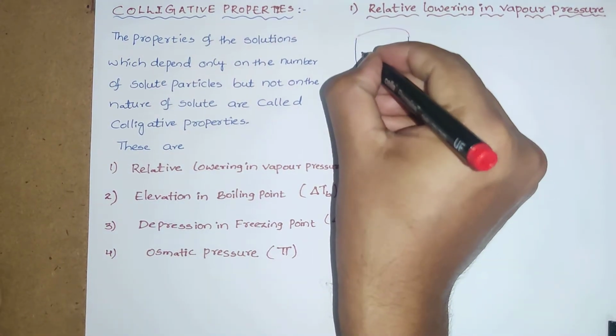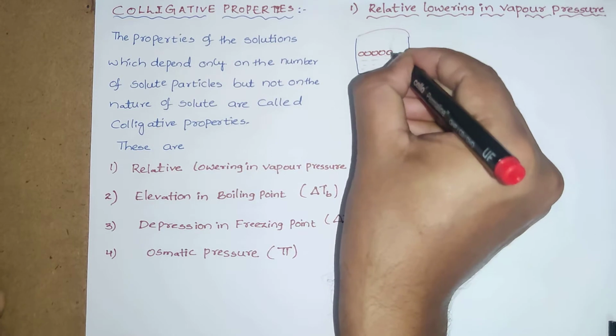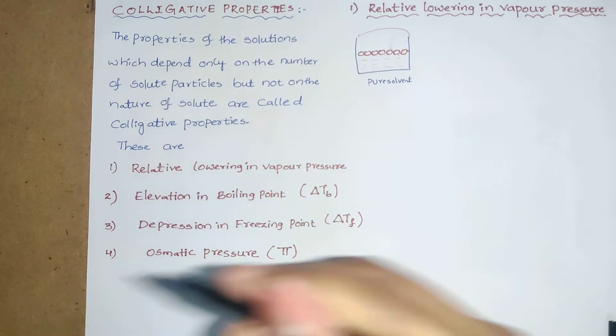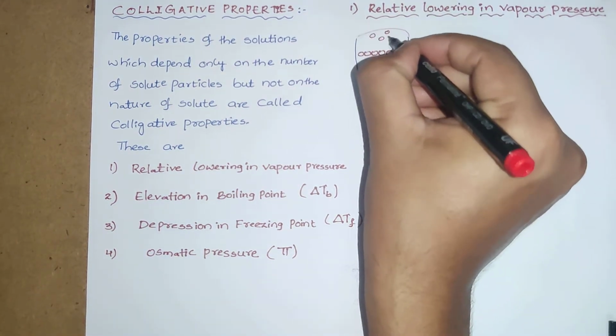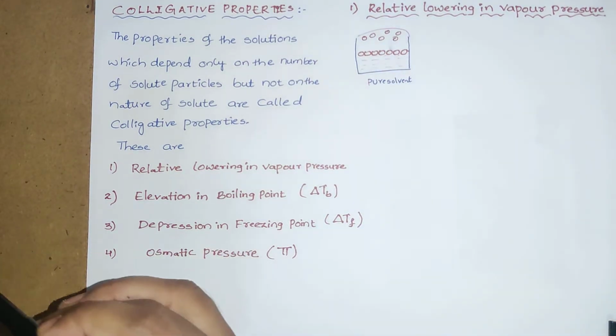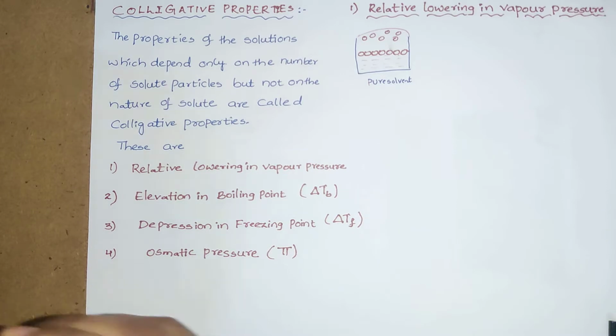Here on the surface only the solvent molecules are present, and these solvent molecules vaporize and occupy the empty space available in the closed container. During their random movement, they may strike the surface of the liquid and condense. That means both evaporation and condensation can take place simultaneously, and at a particular stage the rate of evaporation is equal to the rate of condensation.